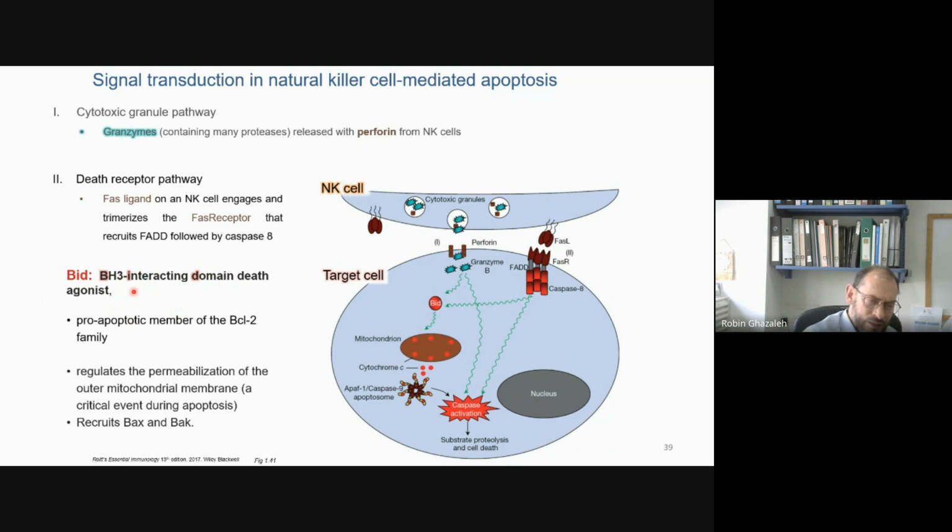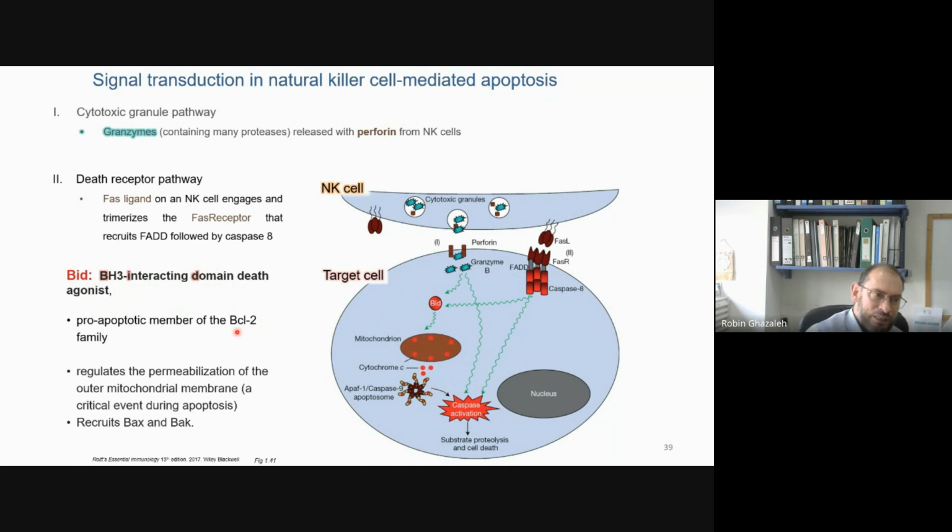and similar functional properties. So you just need to know that BID is an intermediary in the apoptotic pathway that proceeds via the mitochondria. BID is part of a family of proteins. So as we have families of domains, we have families of proteins.